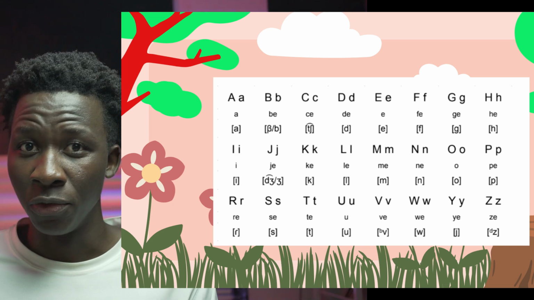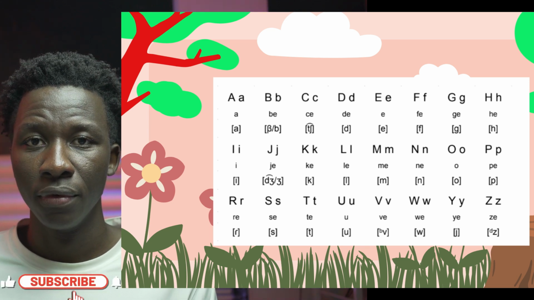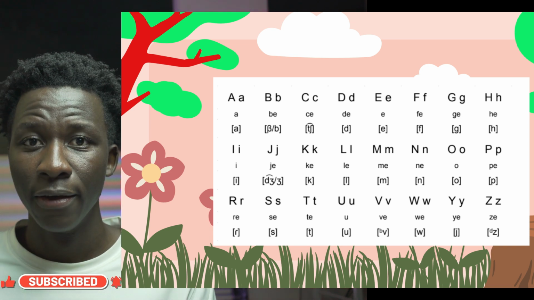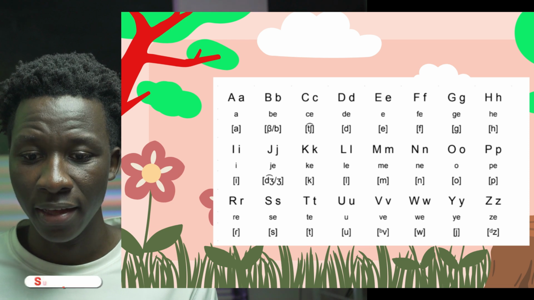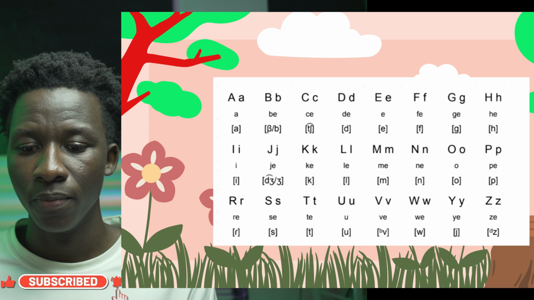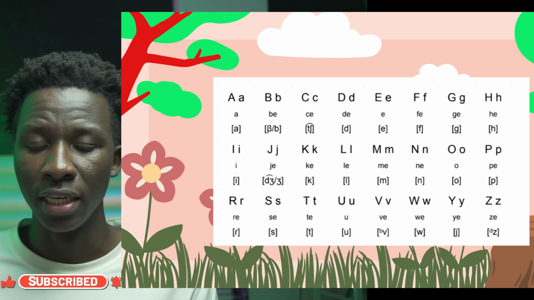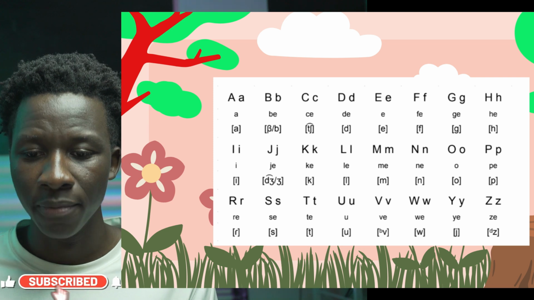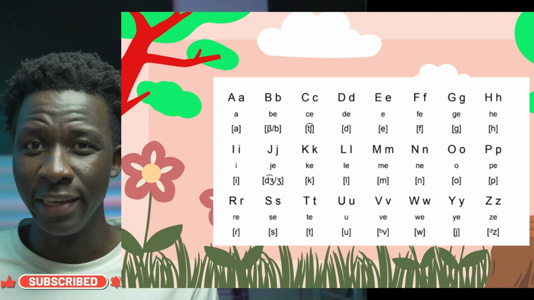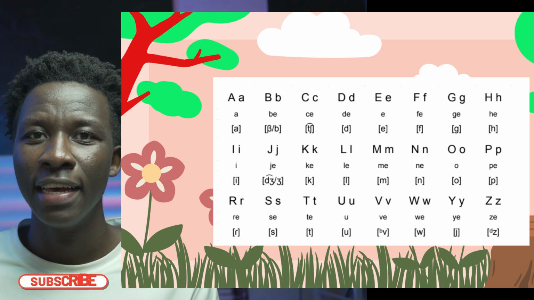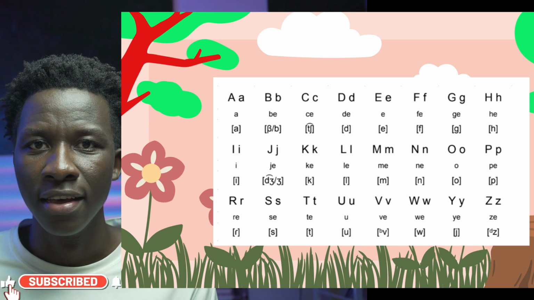In English we say F, but in Kirundi we say fe. In English we say G, but in Kirundi we say ge. In English we say H, but in Kirundi we say he.